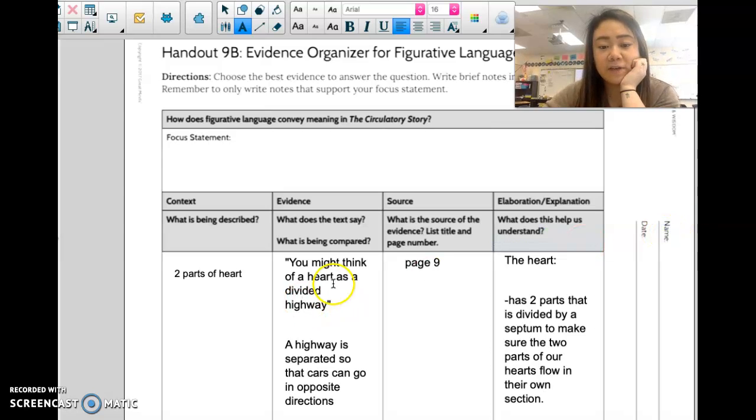Right? So you might think of a heart as a divided highway. That means that it has the septum to divide it, and it's separated in opposite directions. So the septum is there to help us know that our heart's flowing different ways. So I'm going to give you a minute to write that. Pause the video if you need to.